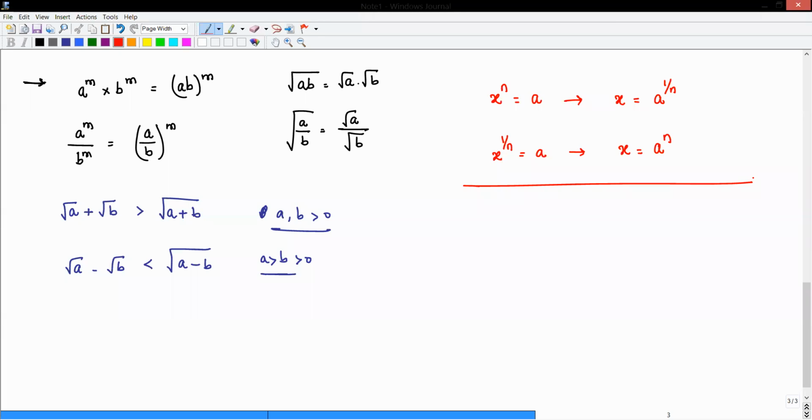And if x is equal to a power 1 by n, then x power n equals a. So simply, applying the power of 1 by n here, you're applying the power of n here.